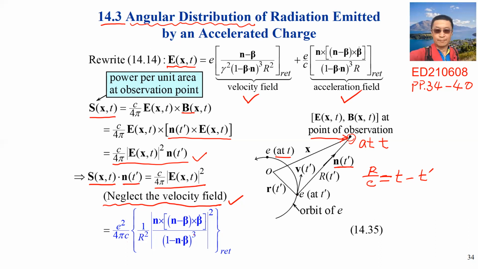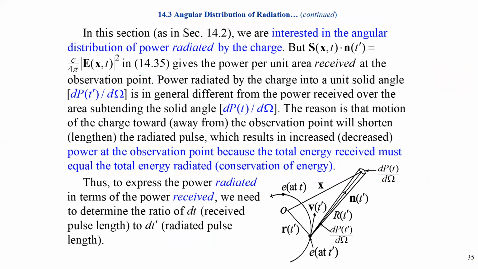The others are the same. Just write it down. A slightly different n dot beta. Here it is beta dot n, but A dot B equals B dot A, so no difference. In this section, we are interested in the angular distribution of power radiated by the charge.